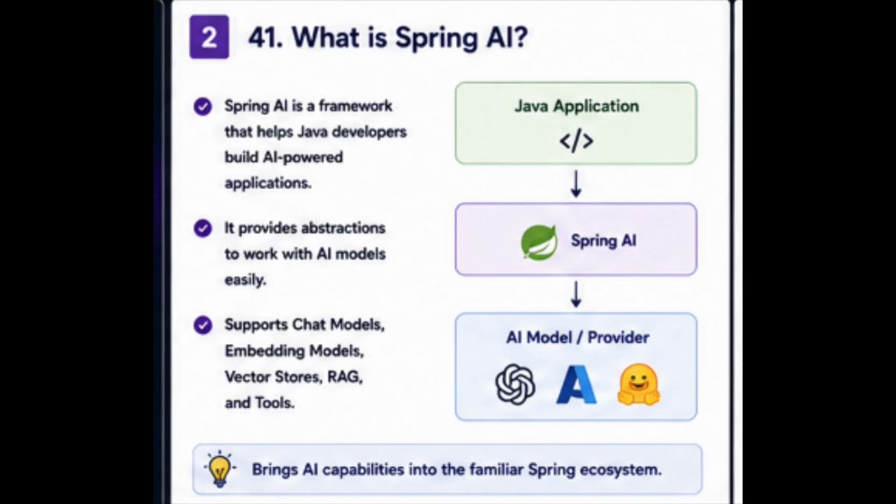For example, a Java application can use Spring AI to communicate with large language models, embedding models, vector databases, RAG pipelines, tools, and function calling. The important idea is that Spring AI brings AI capabilities into the familiar Spring Boot ecosystem. So, a Java developer who already understands Spring Boot can use similar concepts while building AI powered applications.